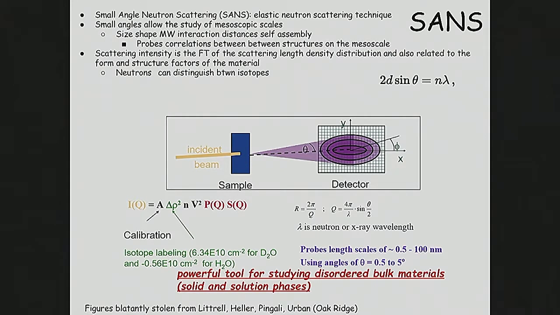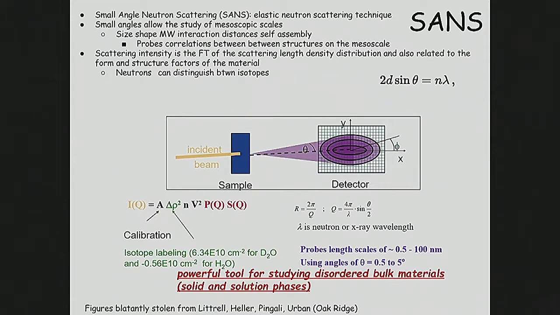So as you can see, a monochromatic incident beam hits our sample, and then we collect it at a longer distance in order to get the smaller angles. The intensity that we collect is the Fourier transform of the scattering length density distribution, and it's also related to a structure factor and a form factor that in the interest of time I will not be telling you about.